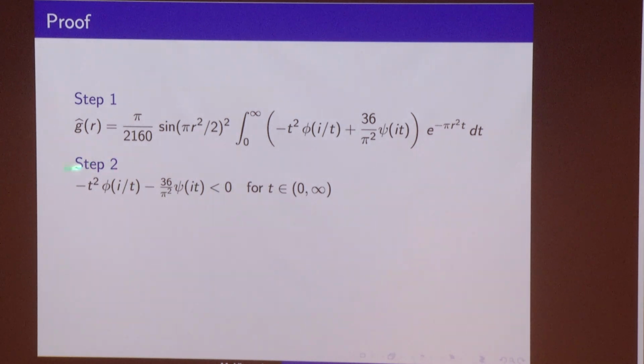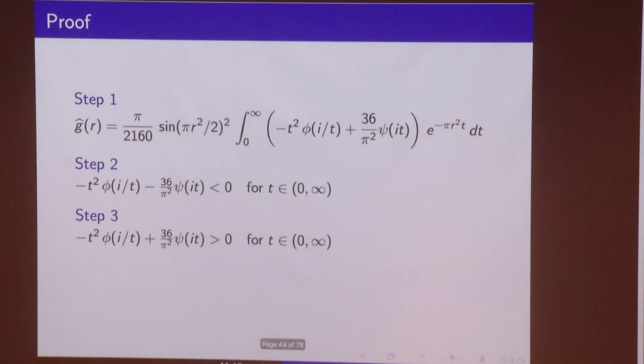I've told you that these two functions are modular forms of some kind, and for modular forms in particular, we can easily compute their Fourier coefficients, almost as many as we want. And we also know good estimates for those Fourier coefficients. So by brute force, we can prove an inequality like this.